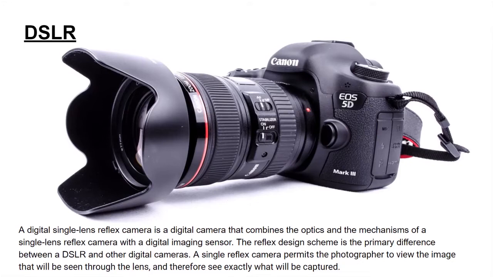This single reflex camera permits the photographer to view the image that will be seen through the lens, and therefore you see exactly what is going to be captured. In absence of that, you are not necessarily guessing, but with the DSLRs, you're pinpointing exactly what the lens is going to do, and you're putting the crosshairs on it.